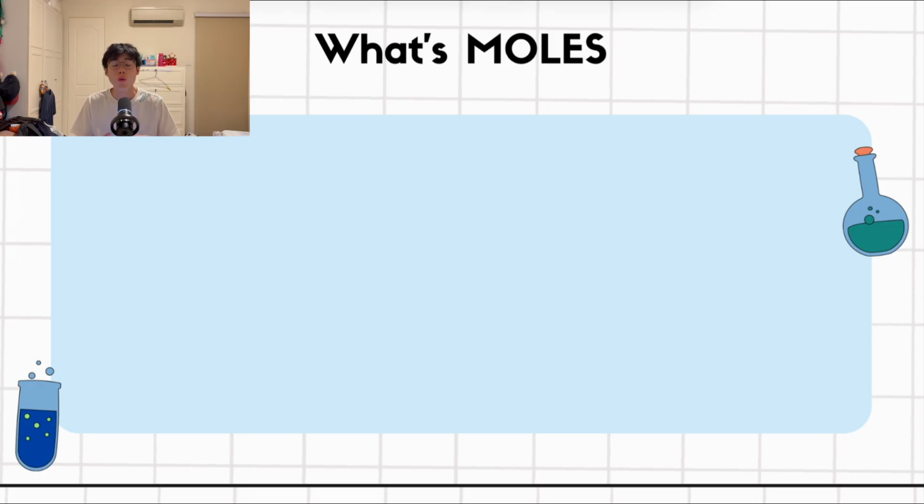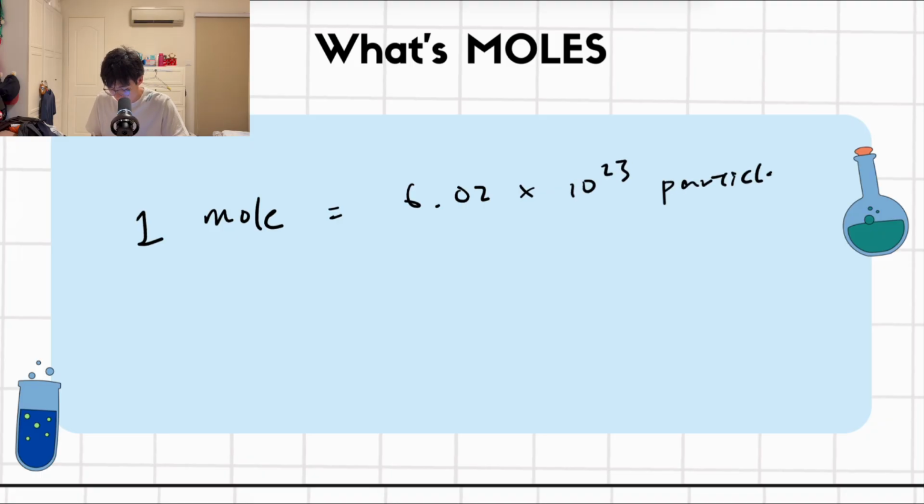And so therefore, we made this new unit where 1 mole equals 6.02 times 10 to the power 23 particles. Well, particles can be both atoms, as I mentioned just now, but also molecules or ions.